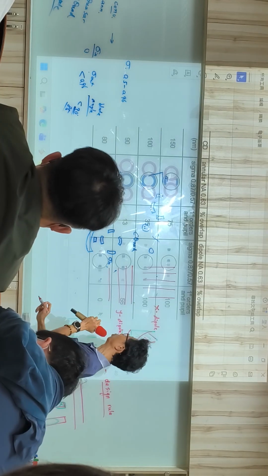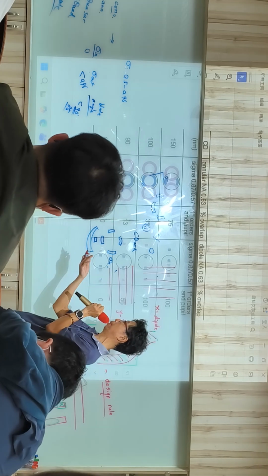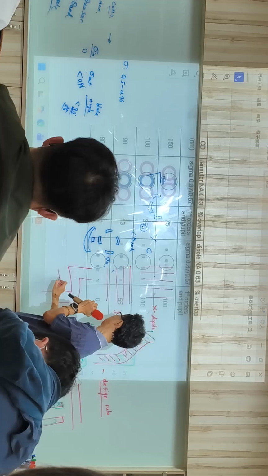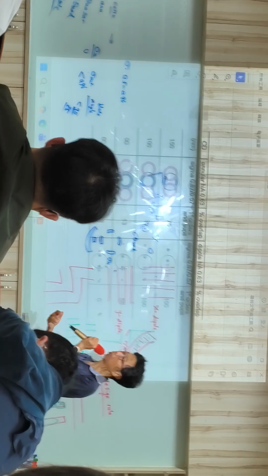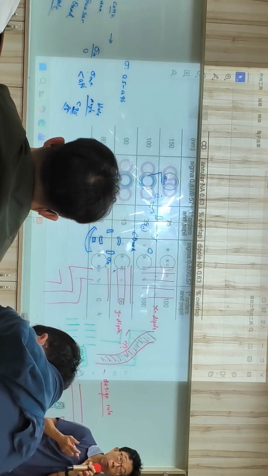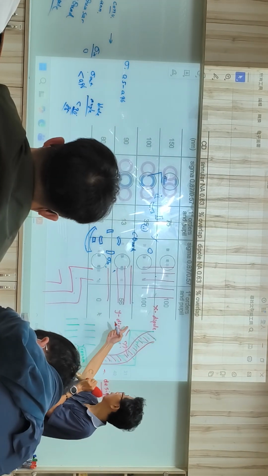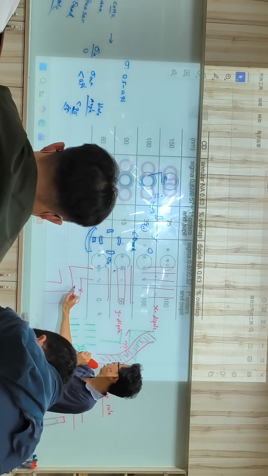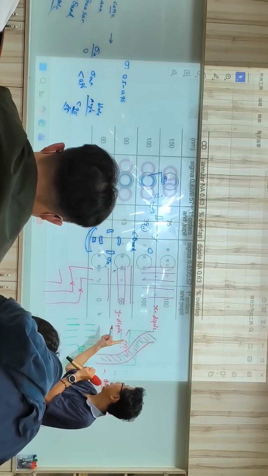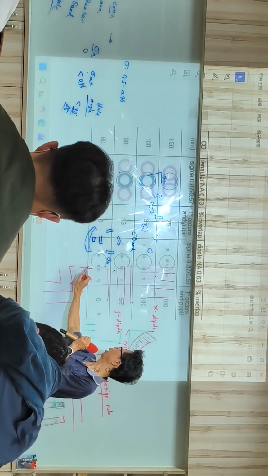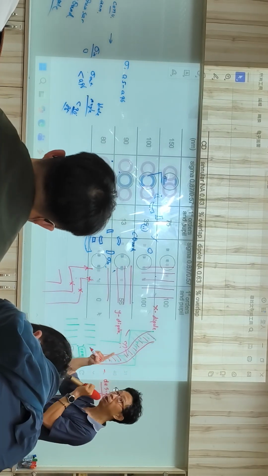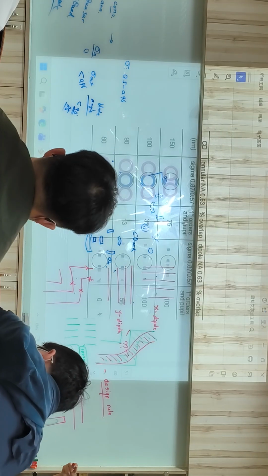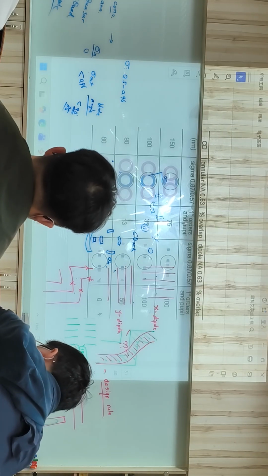For example, if you have a mask that has this kind of pattern, it will not work, because with X dipole you will have a problem with this area, and with Y dipole you will have a problem with this area. So if you have 2D imaging, you need to use quasar or C-quad.